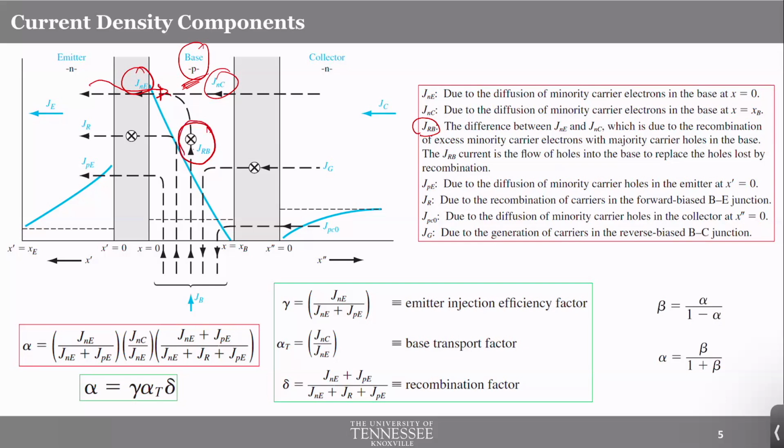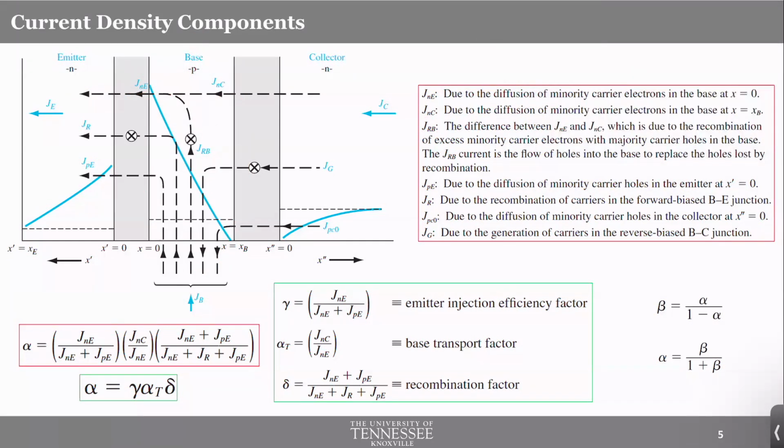When they do, that takes away a portion of the current, because that takes away a number of carriers that are available for conduction. So this is treated like a current component, because when holes are taken out through recombination, new holes are generated within the base region. This generation process could be represented as an additional current component.